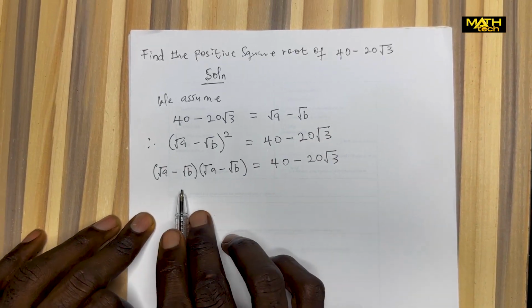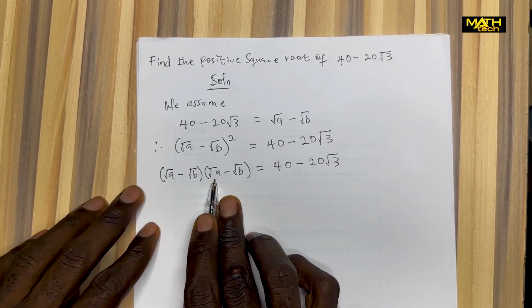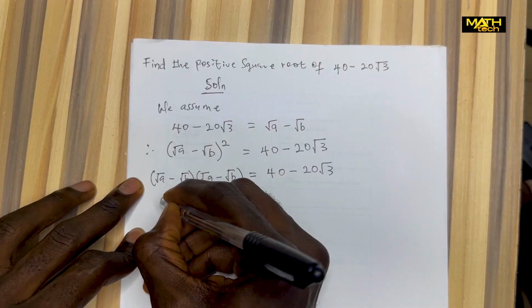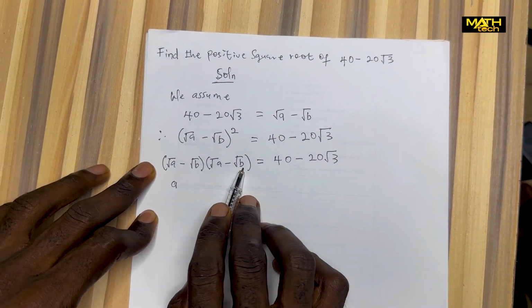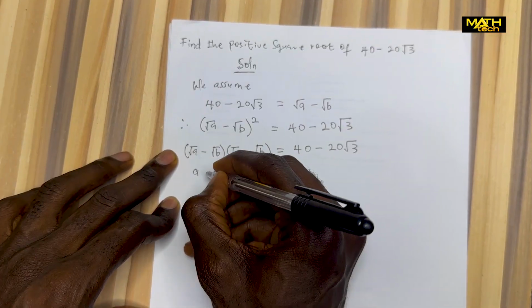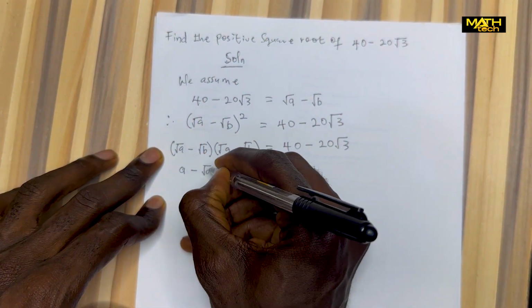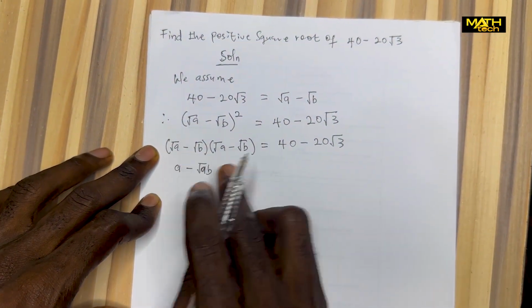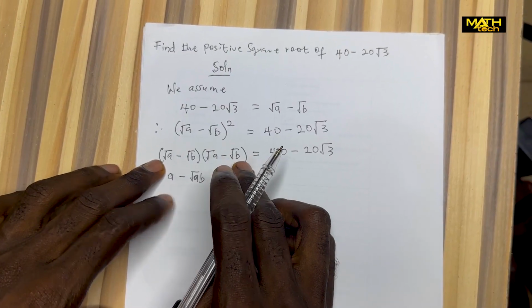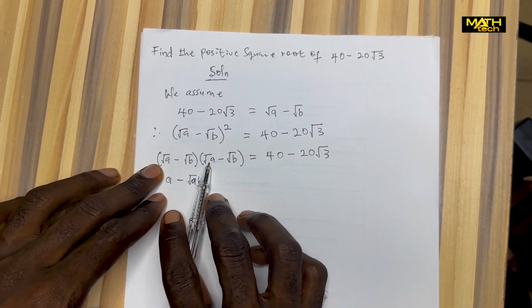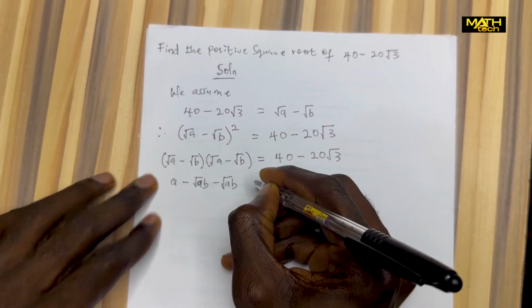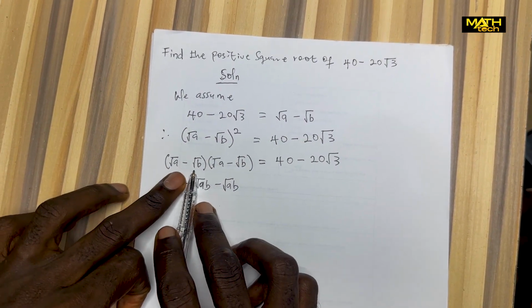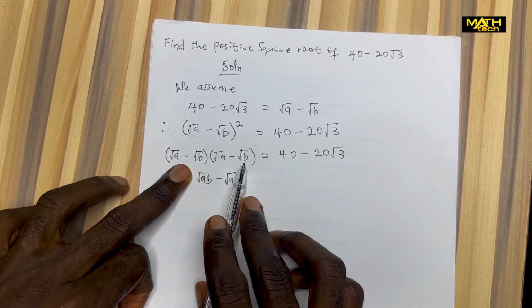So we go through the expansion. Square root of a times square root of a gives us what? A. And square root of a times minus square root of b gives us minus square root of ab. The two values inside the square root multiply themselves. Square root of b times square root of a gives us minus square root of ab, and minus square root of b times minus square root of b.